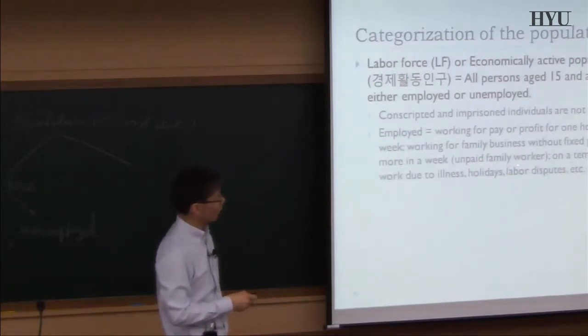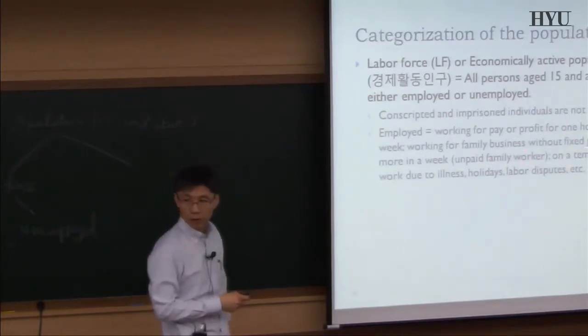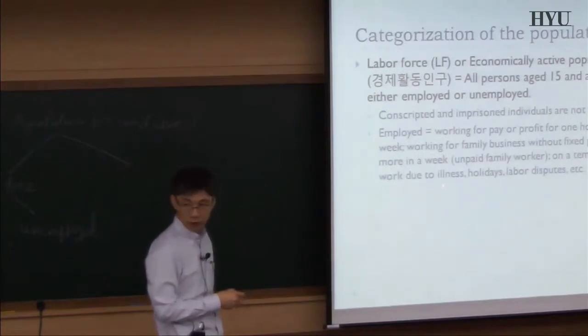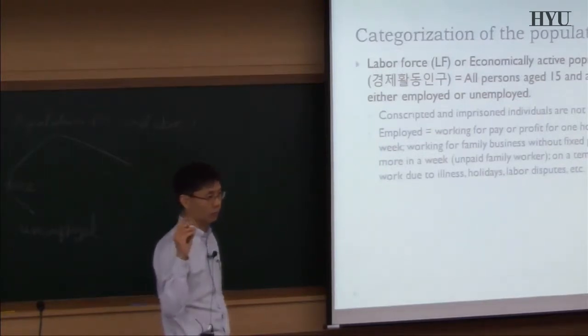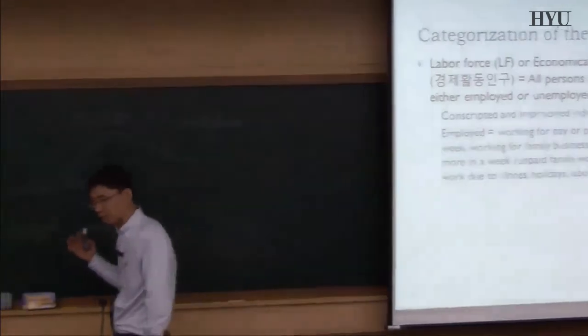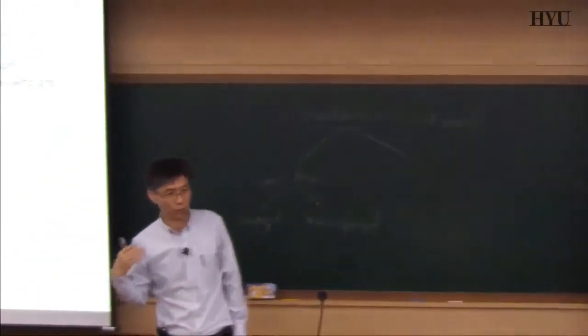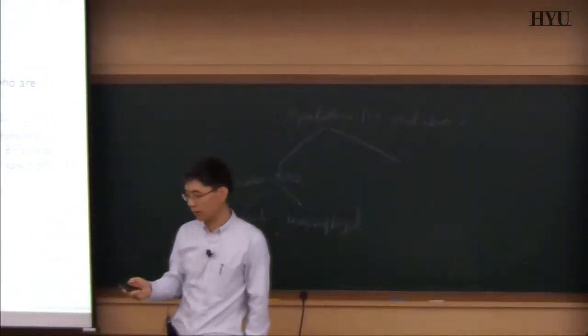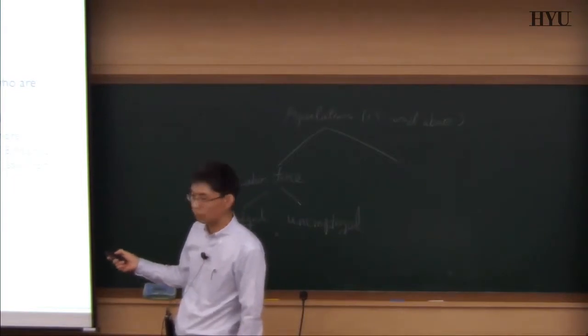Okay? Okay, for men, unpaid family worker is very small portion. But for women, actually it's a kind of substantial portion, because a lot of family business, the husband and wife, they work together, right? And then what usually happens is the husband is the owner of the store. Okay? So this person is actually working for profit.